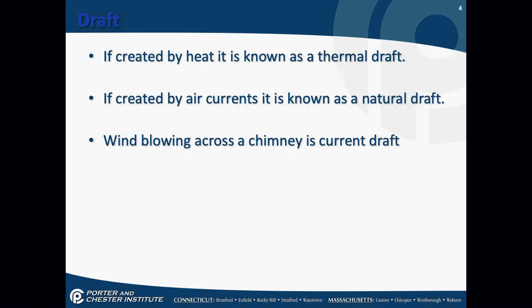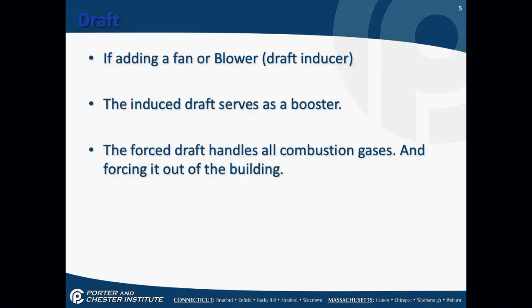This is outside of your control as an oil burner tech. You cannot control the wind blowing across the top of the chimney. You cannot control air currents as a natural draft. The only thing you can control is somewhat the thermal draft.